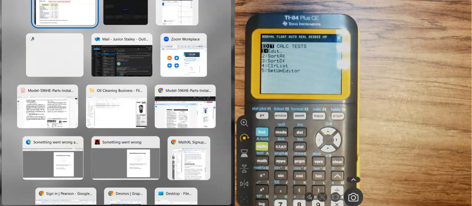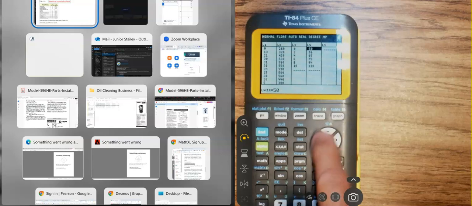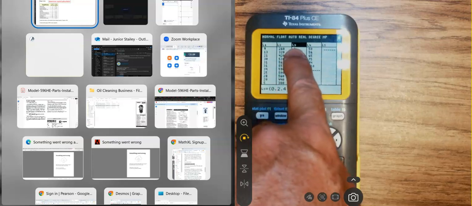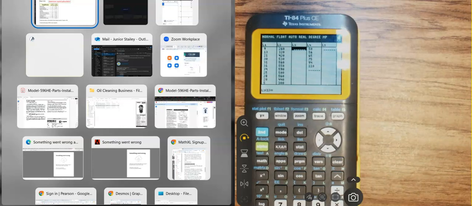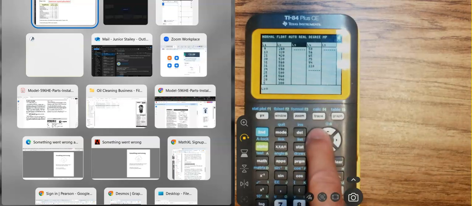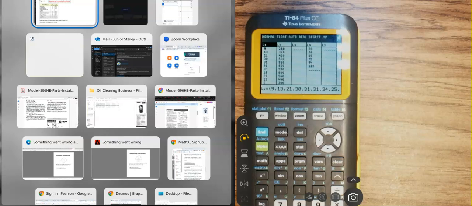And then enter, because it's already on edit. Now go over to your lists. Now if you have something in a list and you want to get rid of it, you go to the very top of the list, you hit the clear and the down arrow, and it gets rid of everything in that list. I've already got the data entered in, so I'm not going to retype it.